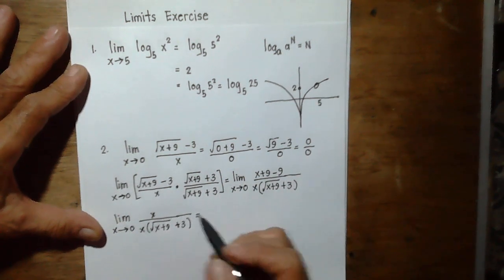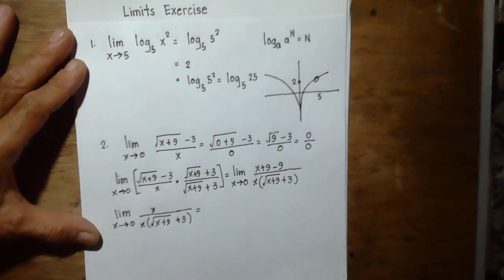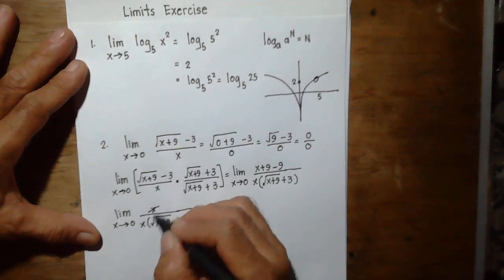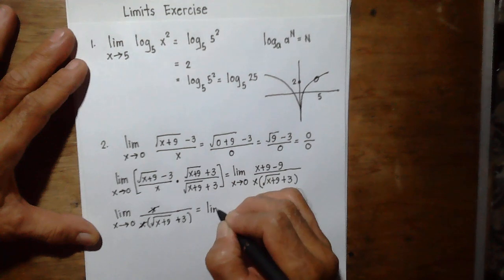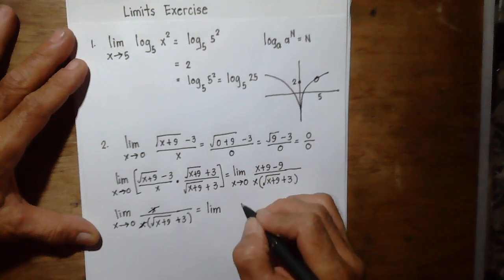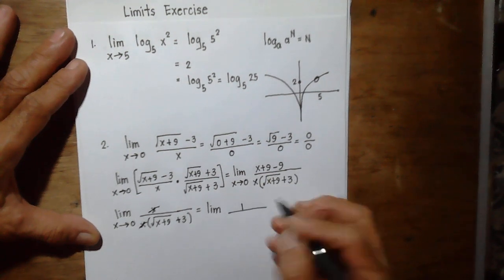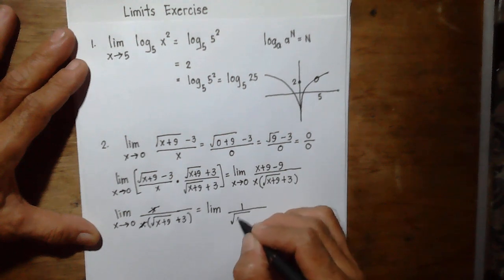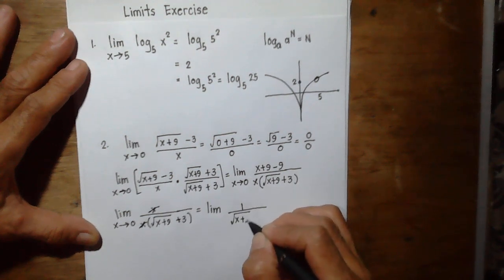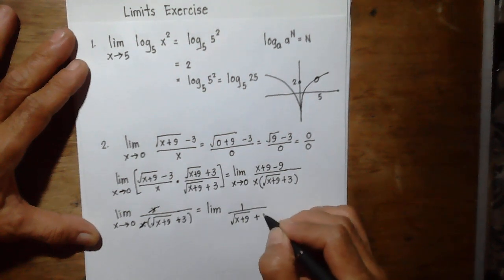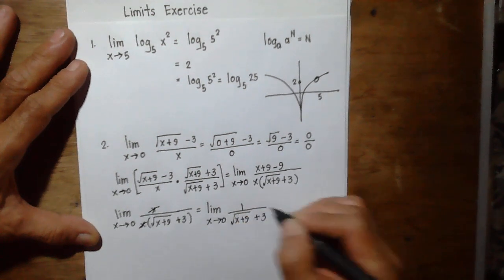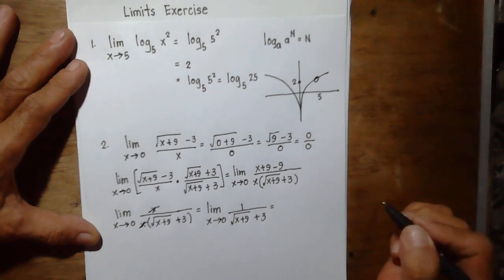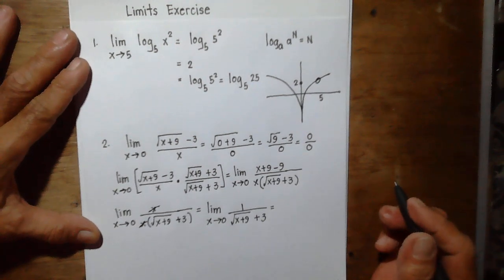Now, simplifying this, we cancel x. So, we have the limit of 1 over square root of x plus 9 plus 3 as x approaches 0. Now, can we do the direct substitution?